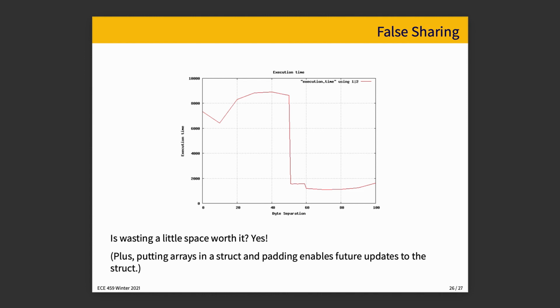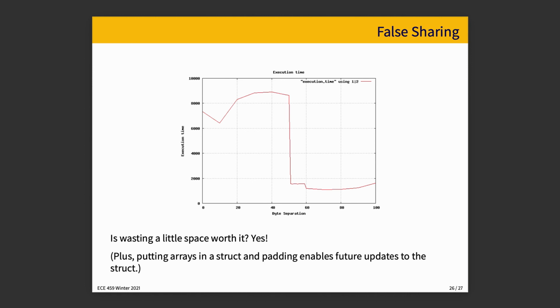But execution time plummets very suddenly at about 50 bytes of separation. What's up with that? This is wasting some space, but at separation size 51, we are putting two arrays into two separate locations that do not have the false sharing problem.